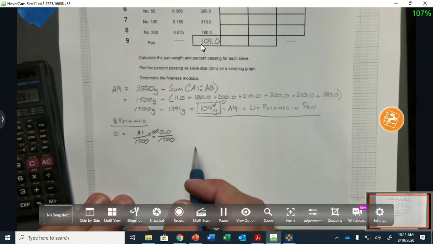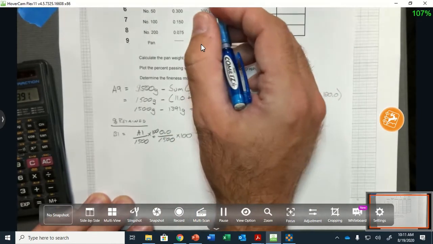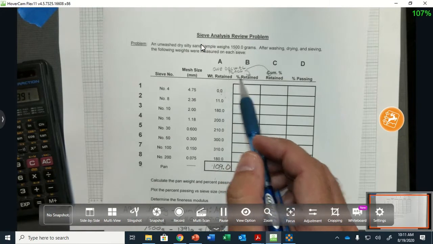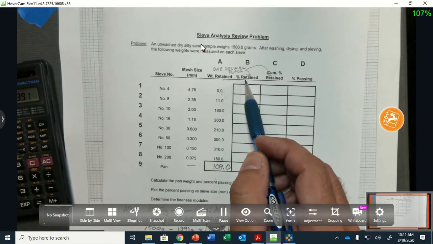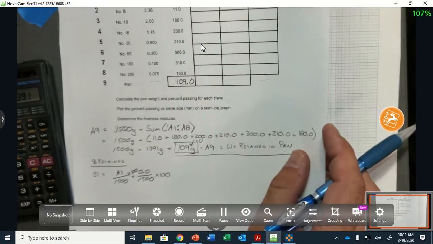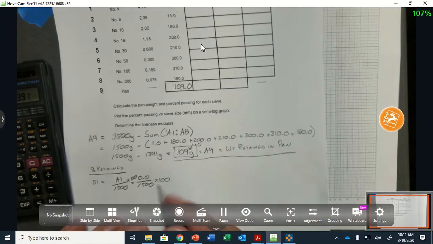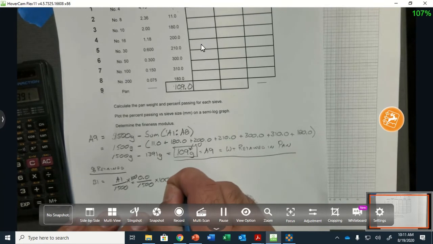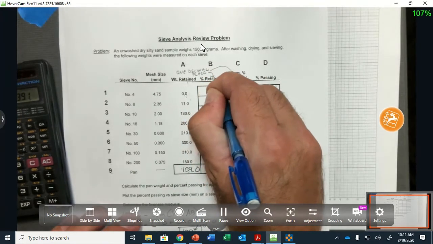We multiply it by 100 to get it in a percentage. One decimal place. Again, one decimal place for this column when you're weighing it on this scale, or when you're calculating this. Okay? All right. So obviously 0 divided by any number equals 0.0%. Okay? So this number is 0.0%.